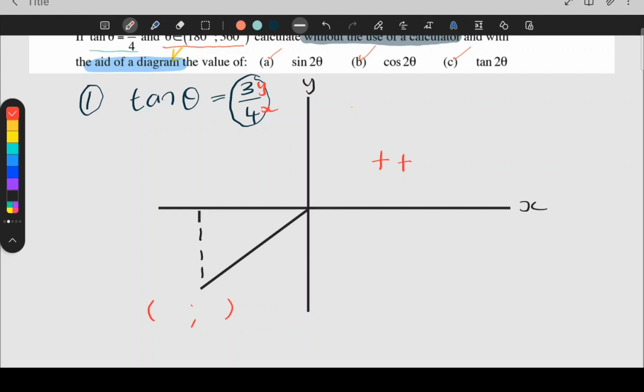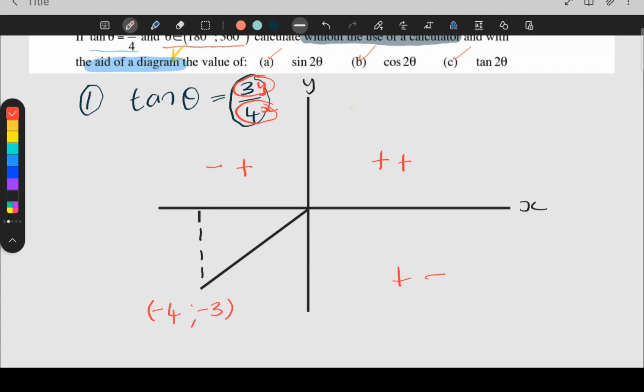In quadrant 2, X is negative, but Y is positive. In quadrant 3, X is negative and Y is negative. In quadrant 4, X is positive and Y is negative. Okay, so just remember that. So here is X and that is Y. X goes first.